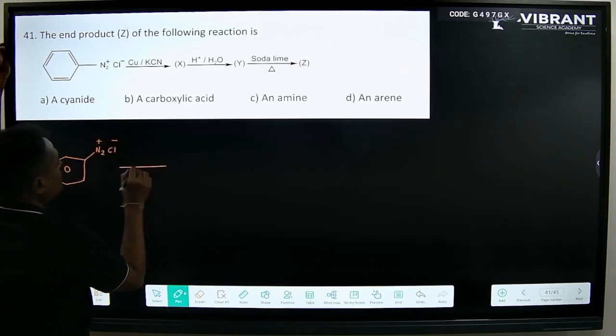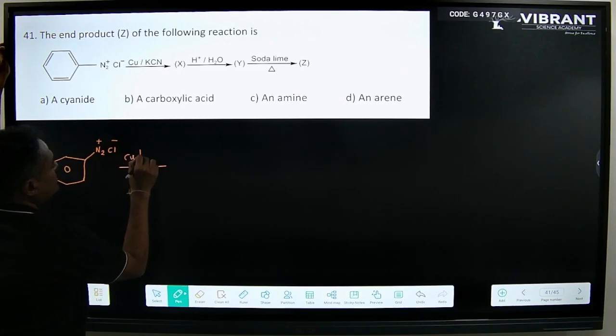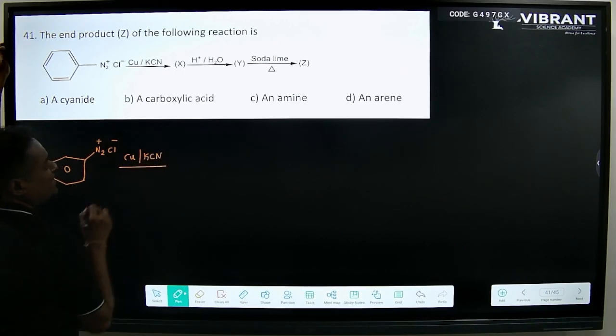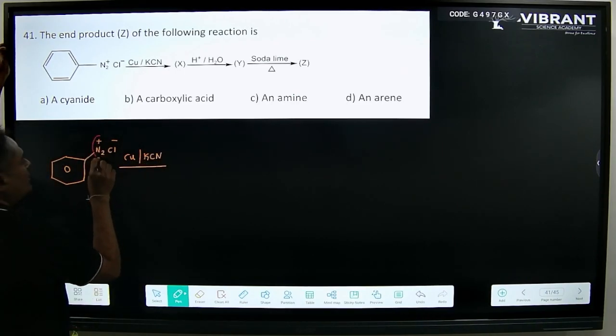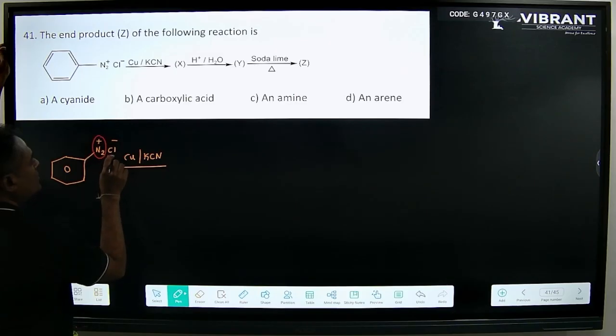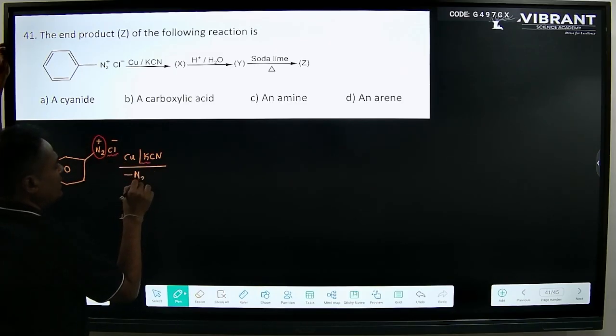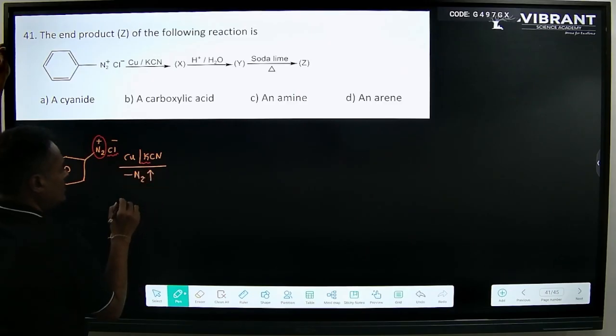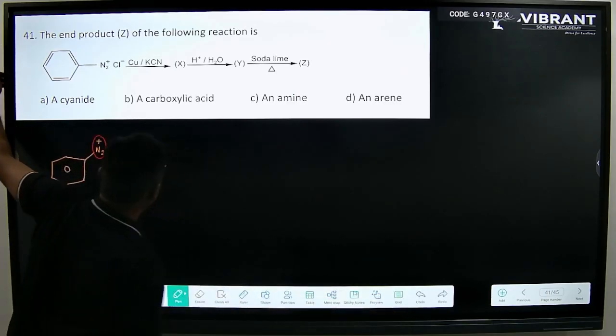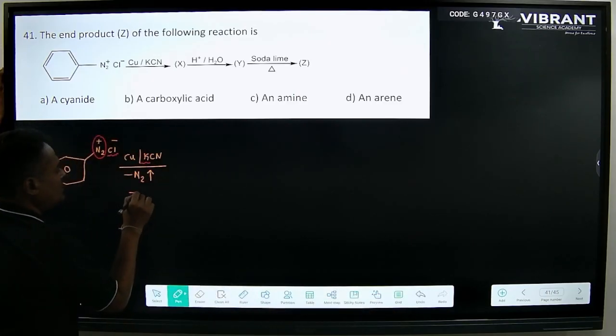Treat this with cuprous cyanide with KCl. What will happen? Your N2 part is lost, your Cl will go with this K, so you have N2 gas as a byproduct. You have the next one, which is KCl, as a byproduct.